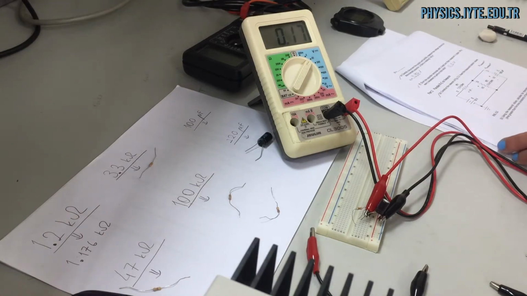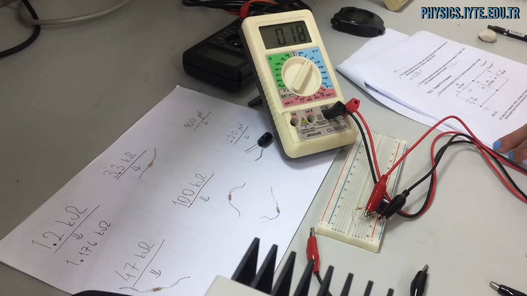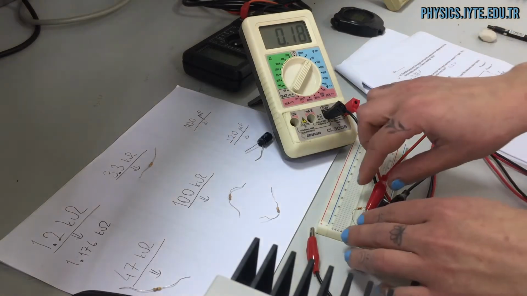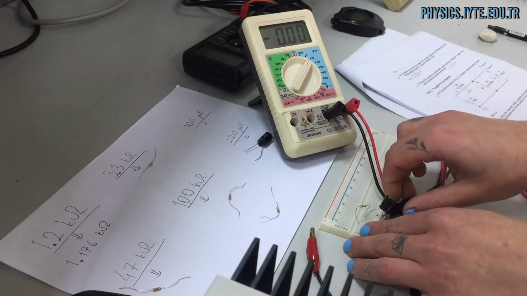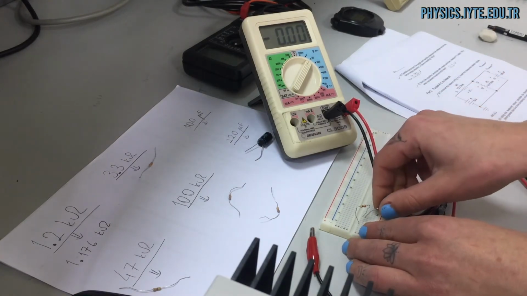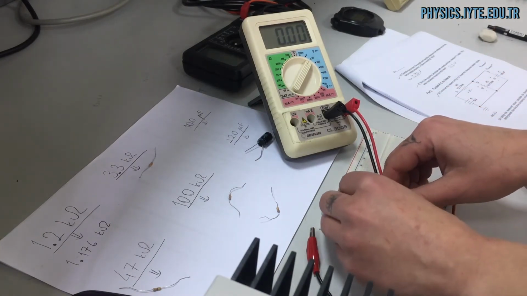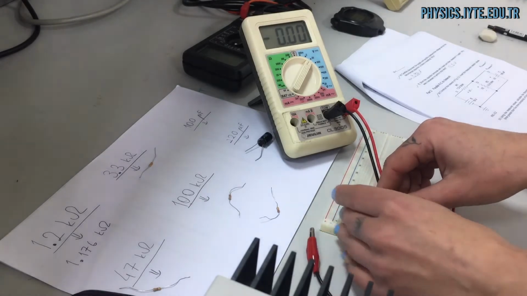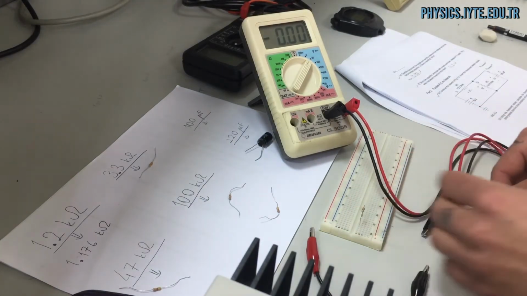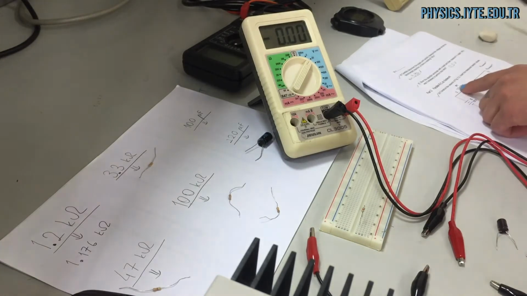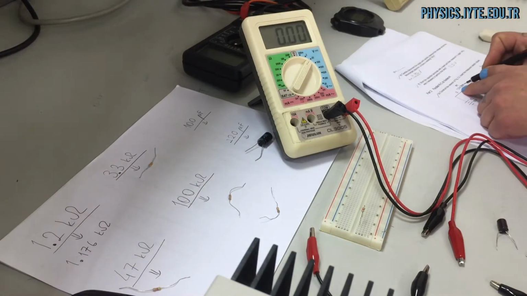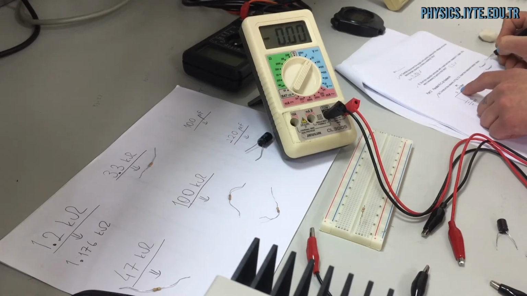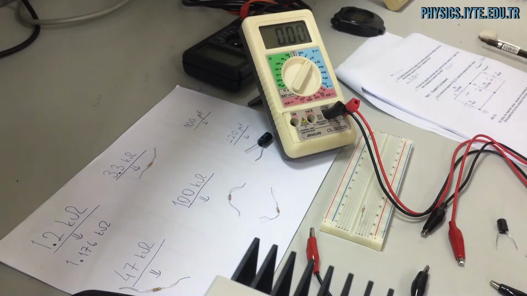In part 2, we will construct the network in the figure. The 1.2 kilo ohm resistor will stay here. Then we can write the actual value of this resistor again as 1.176 kilo ohms, same as the previous.